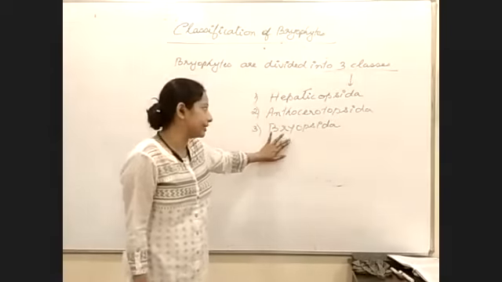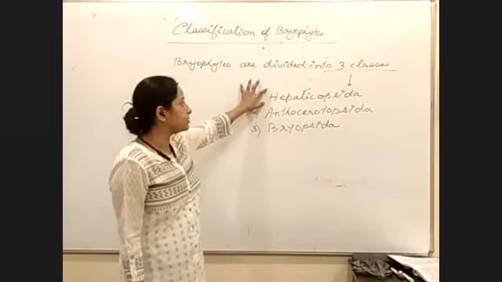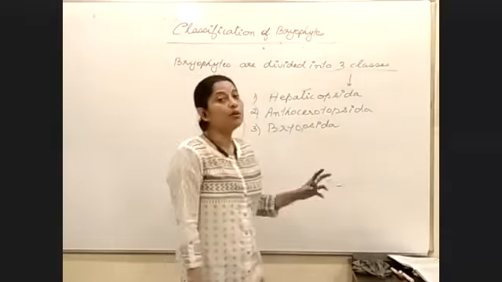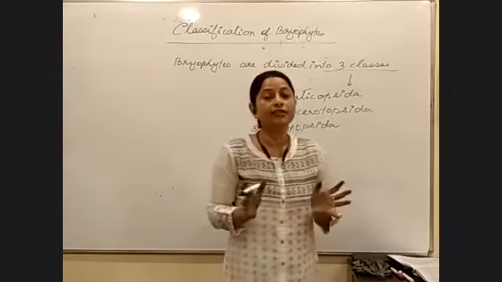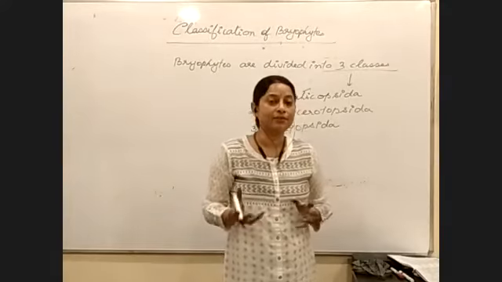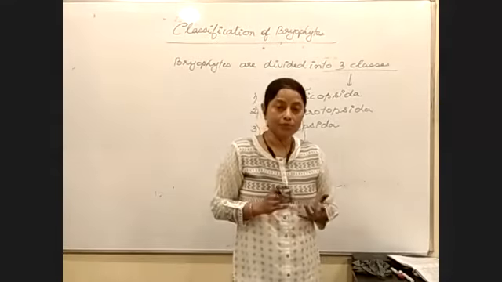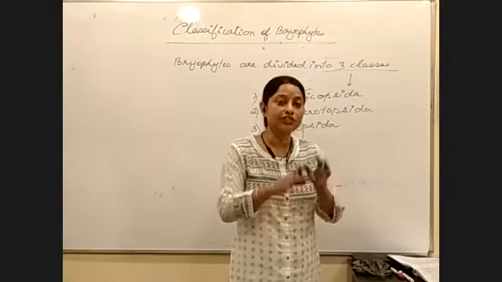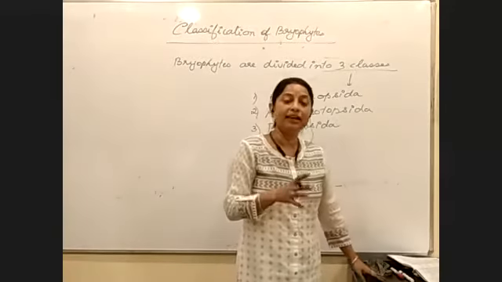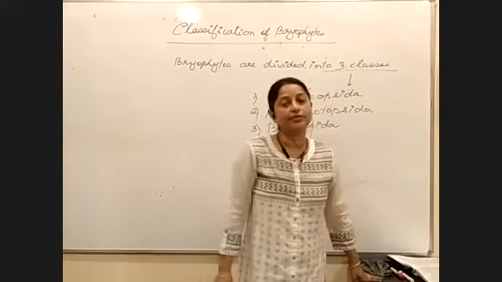Hepaticopsida is one group of bryophytes, looking at the morphological structure of the gametophyte. It looks almost like the human liver in shape. So that group of plants is called Hepaticopsida.